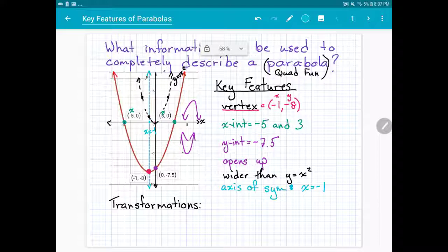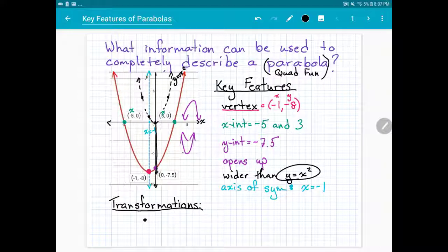Now, another thing that we talk about a lot when we talk about key features is transformations. Transformations just tell you how you went from y equals x squared to this new parabola. So how did we change it? Well, we shifted it. We took this point, we went down here, and then over.